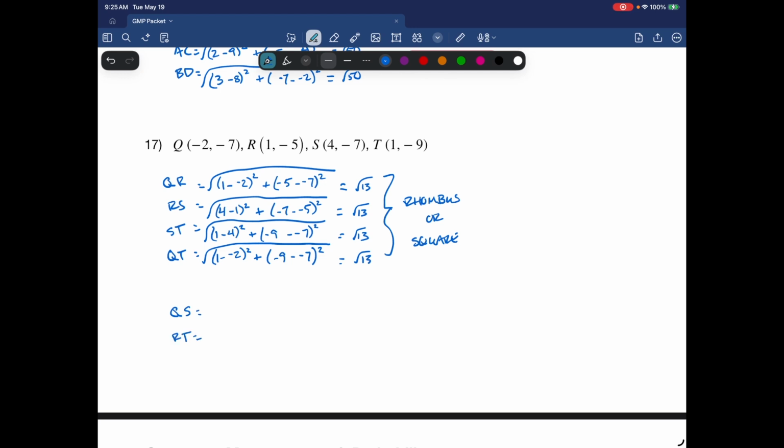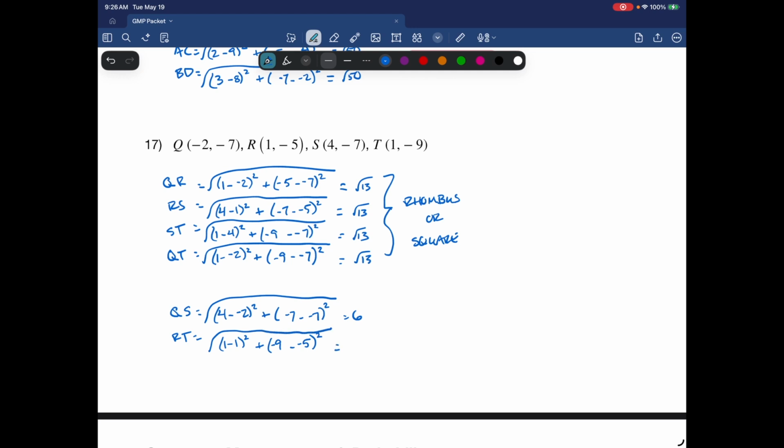All right, so QS, that would be 4 minus -2 squared plus -7 minus -7 squared. All right, and that's going to give me 6. Okay, and then RT, that's going to be 1 minus 1 squared plus -9 minus -5 squared.